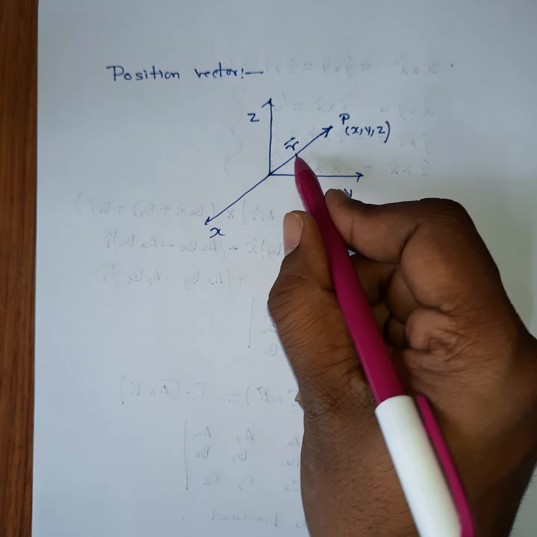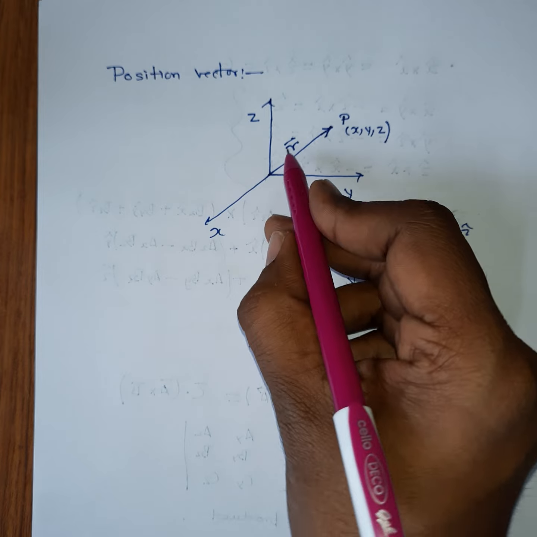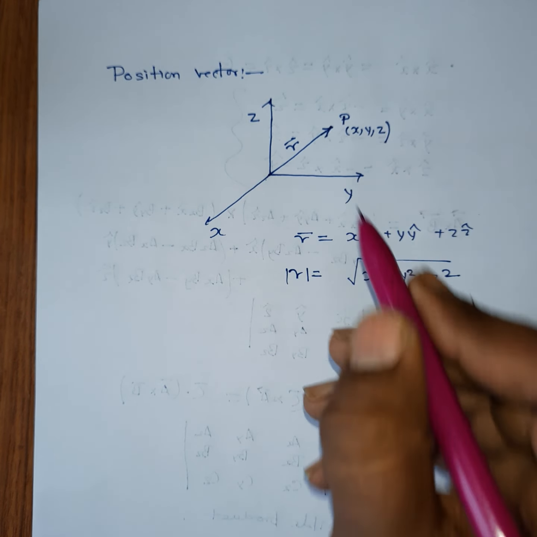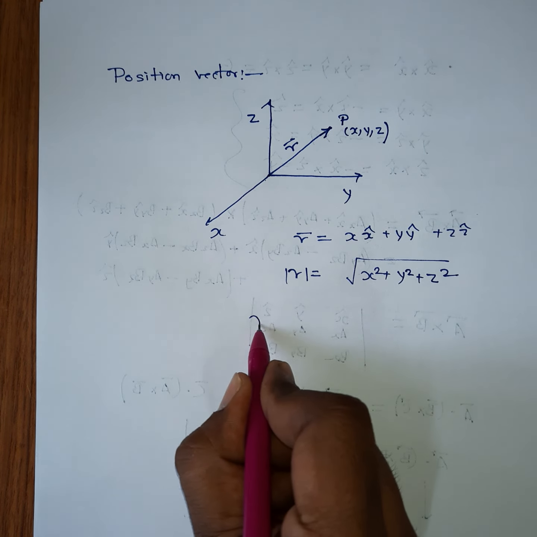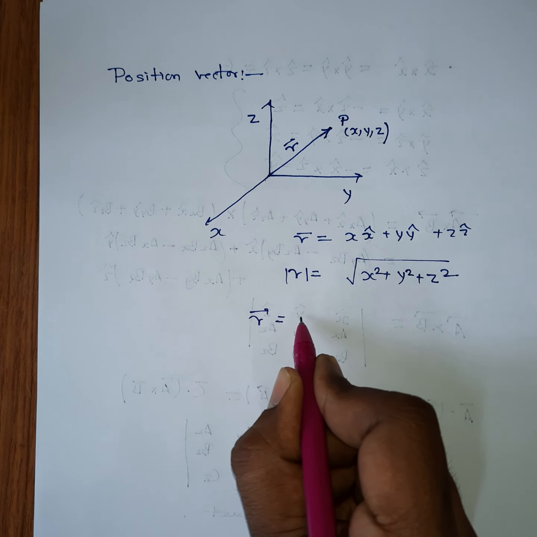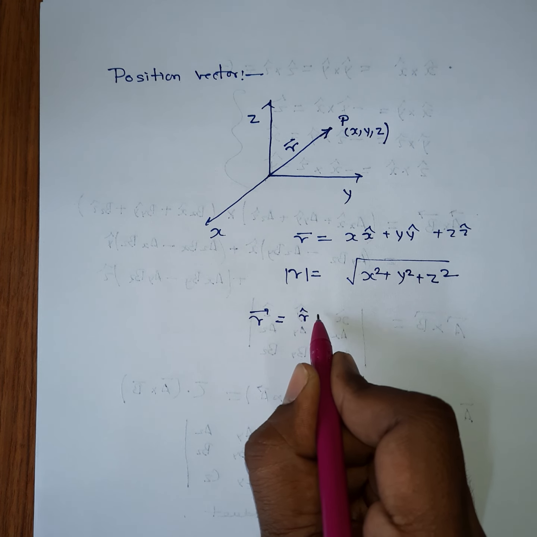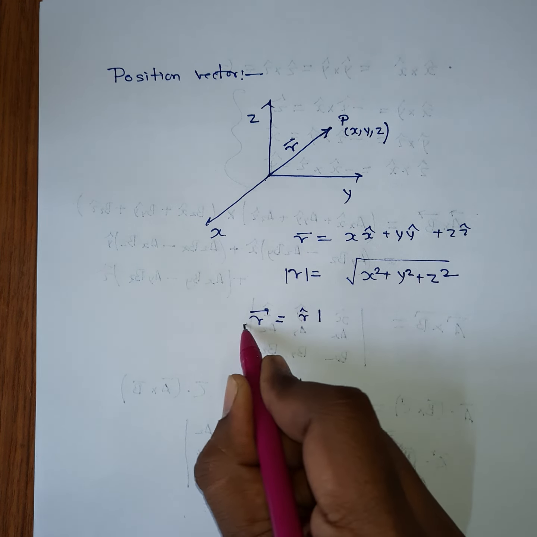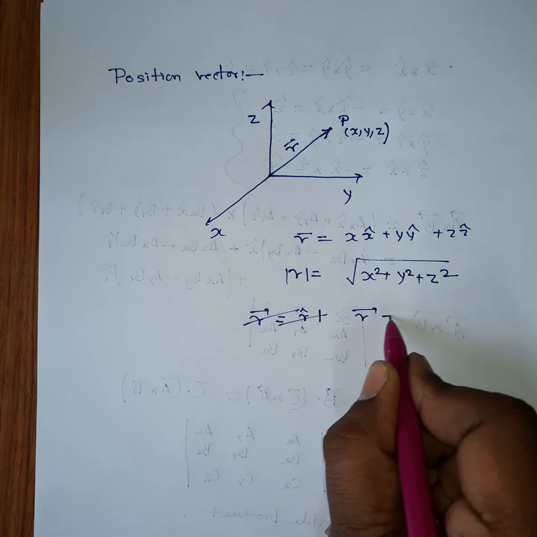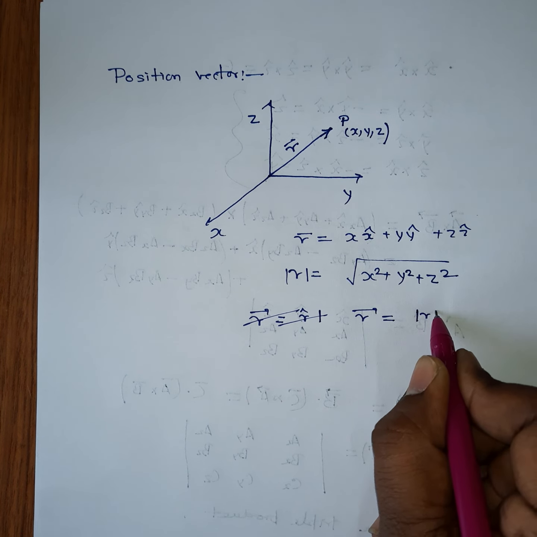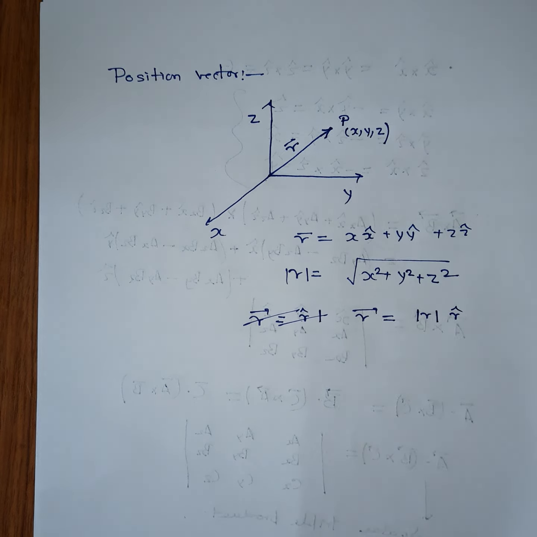Since this is a vector quantity, it will also have direction. This is the magnitude, so you can write r vector as r cap. R cap is the unit vector. Let me write it this way: r vector can be written as magnitude of r into r cap.